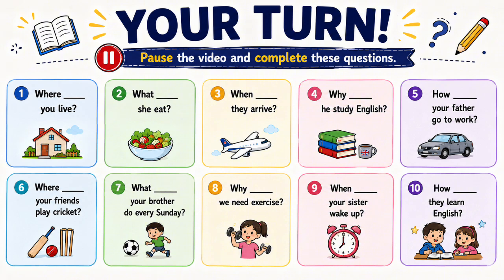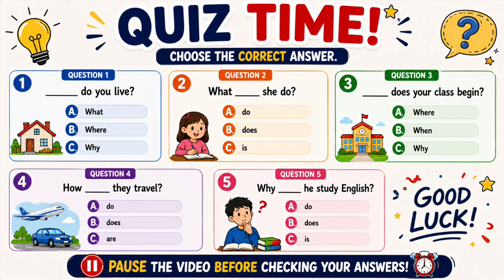Now it's quiz time. Choose the correct answer. Question number 1. Dash do you live? Options: what, where, why. Question number 2. What dash she do? Do, does, is. Question number 3. Dash does your class begin?